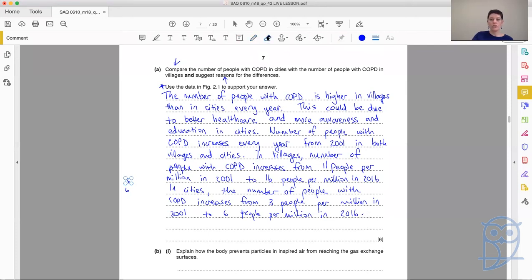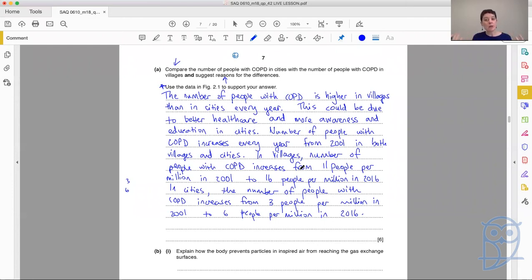So we've got a good collection of comparisons, because we've got one similarity and one difference. We've got a good number of suggestions in that we've suggested for our difference, but as we're checking through this answer, we realize we haven't made any suggestion as to why they're both increasing. So if we think now, what would cause increasing COPD in both villages and cities? Well, there's one big problem that's going to cause it everywhere, and that's pollution.